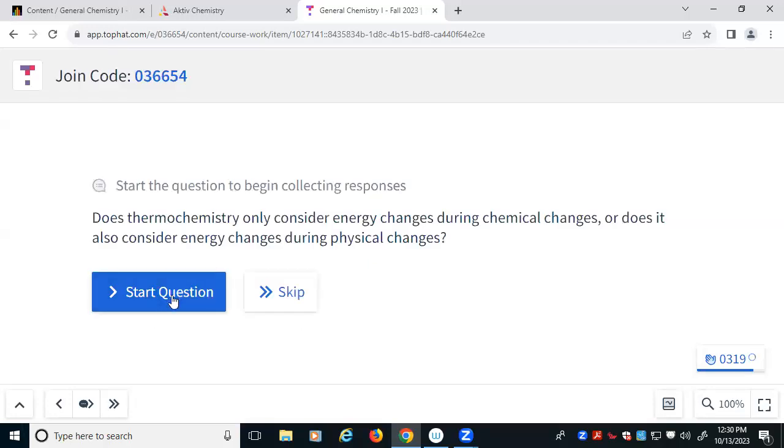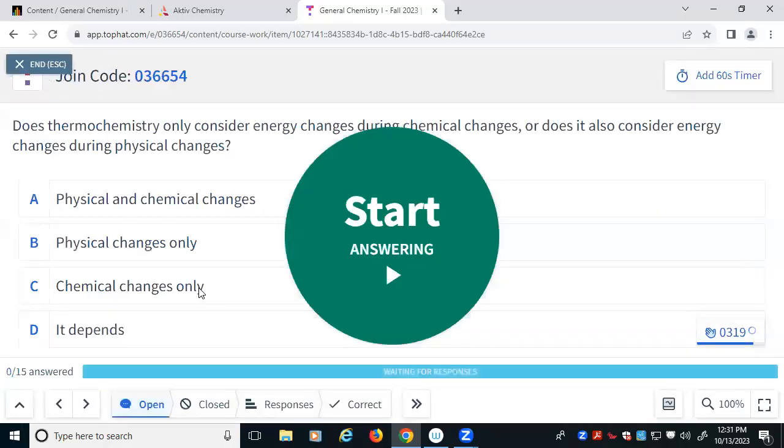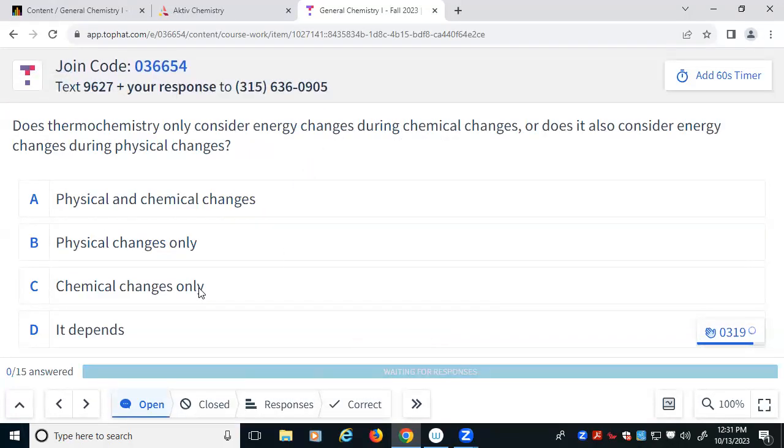Let's take a look at a second review question. Does thermochemistry only consider energy changes during chemical reactions, or might it also consider energy changes during physical changes as well?